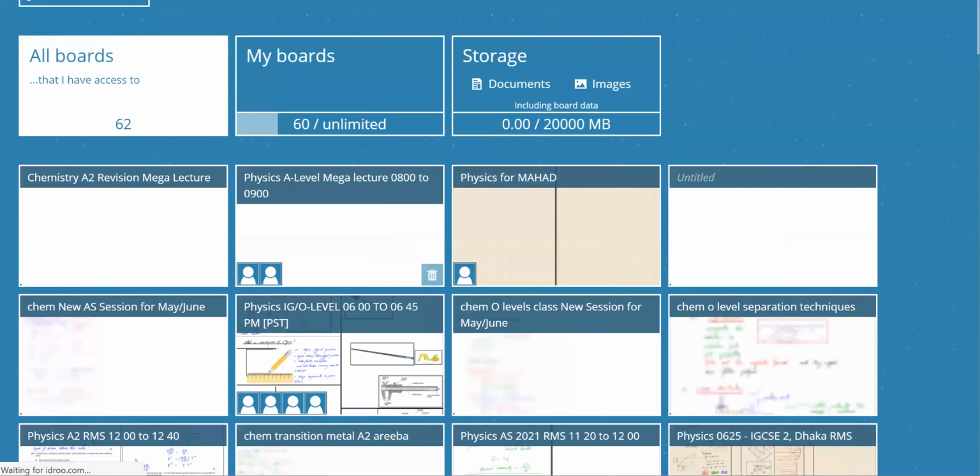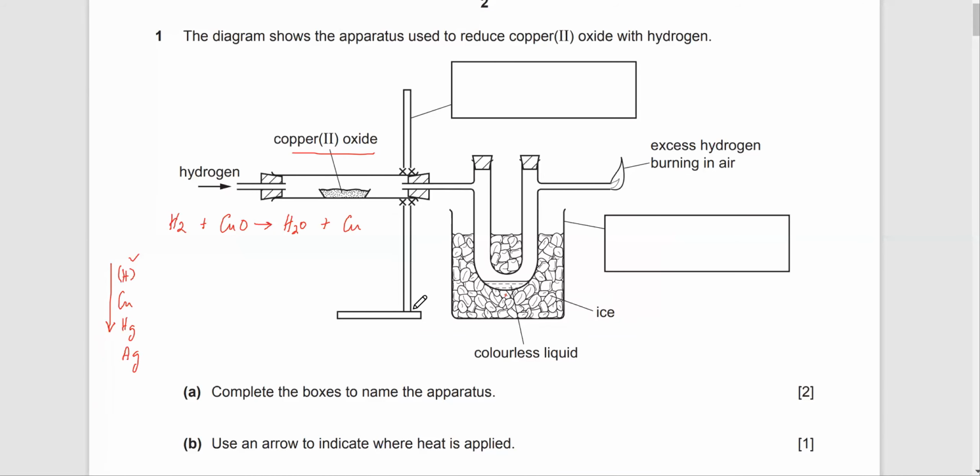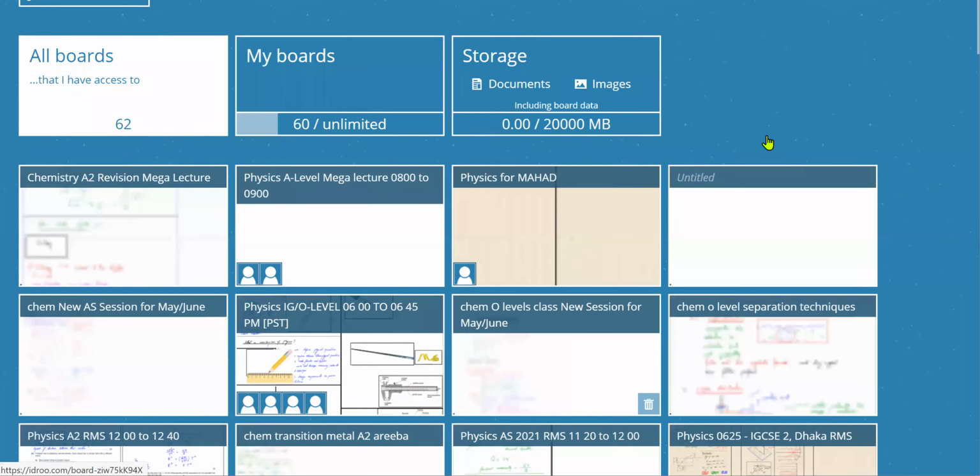One second, let me check the apparatus list. Mahad, do you know what the stand is? Just one second, let me open the list of apparatus and we can go through them. Okay, once more.